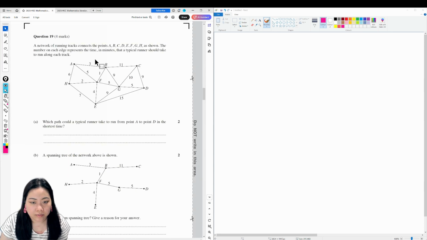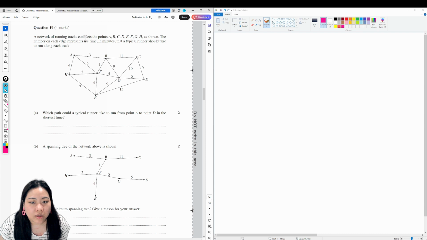Question 19. 4 marks. A network of running tracks connecting point A to H is as shown. The number on each edge represents the time in minutes that a typical runner should take to run along each track. A. Which path should a typical runner take to run from point A to D in the shortest time? It's just a matter of finding which one is the shortest.